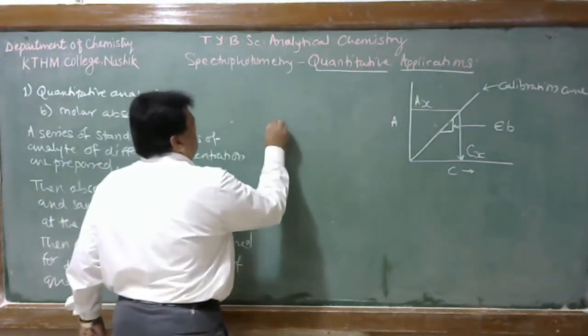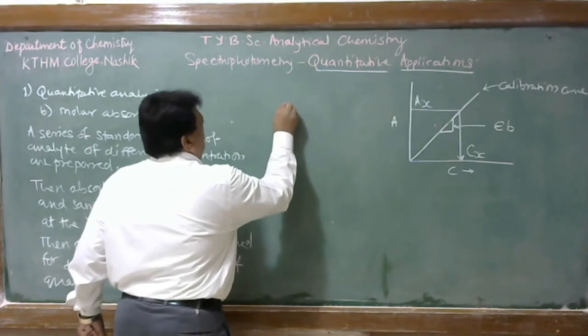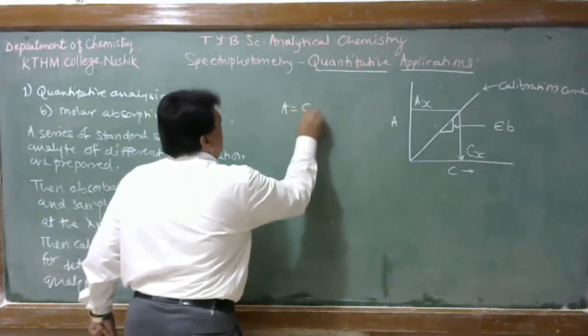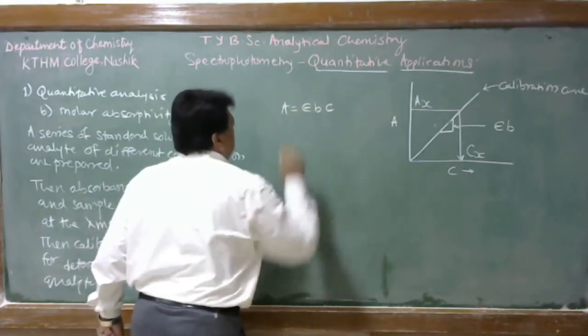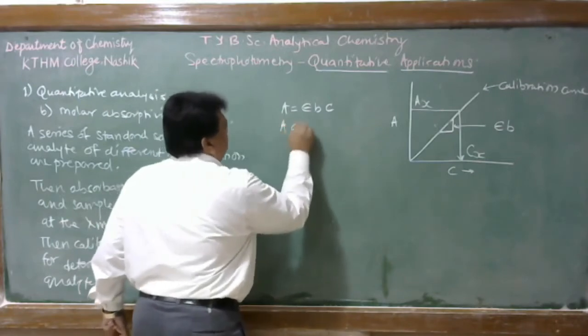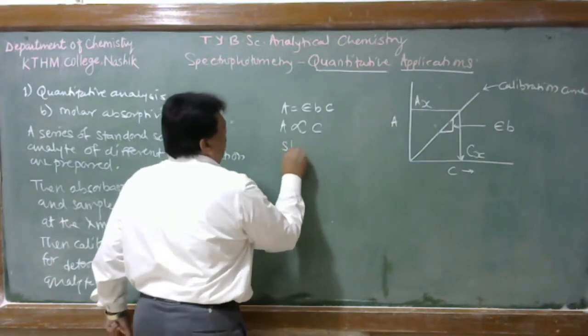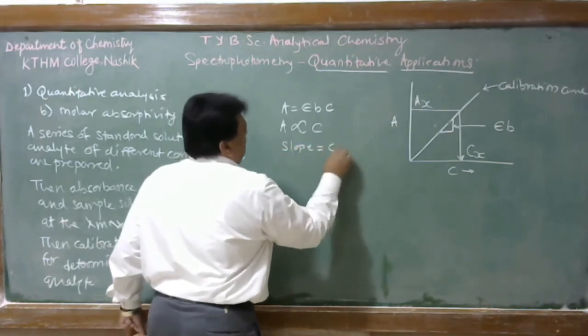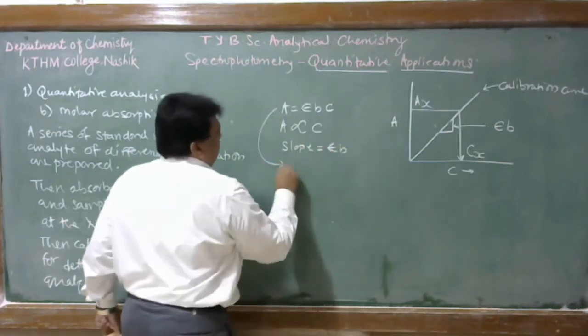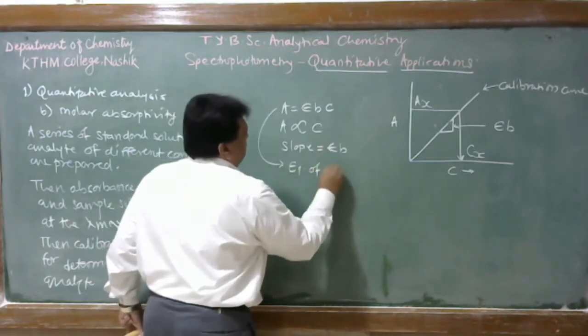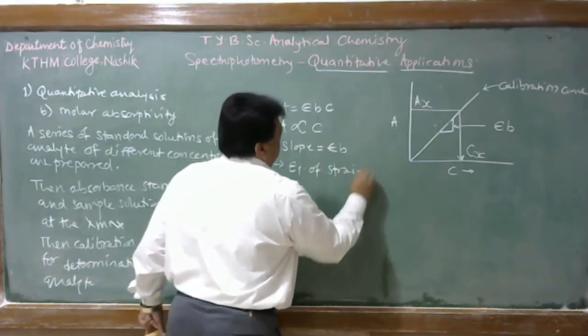According to Beer's law, A is equal to epsilon into b into c. When we plot a graph of absorbance as a function of concentration, then we have a slope equal to epsilon b, since this is the equation of a straight line passing through the origin.